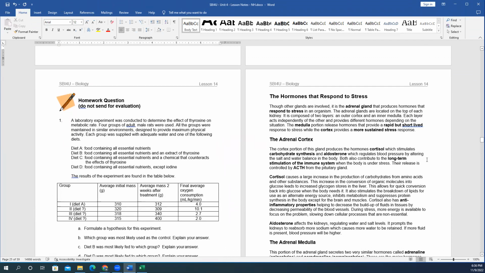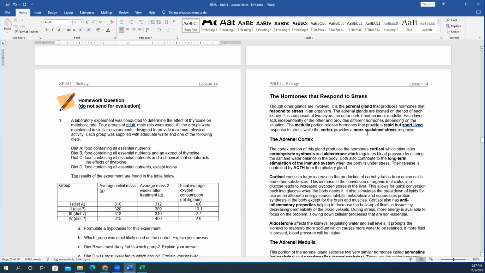And then we talked about how hormones are also responsible for activating systems within the body in response to stress. So the hormones that respond to stress. Although there are many other glands involved too, the main gland that is responsive to stress is the adrenal gland.